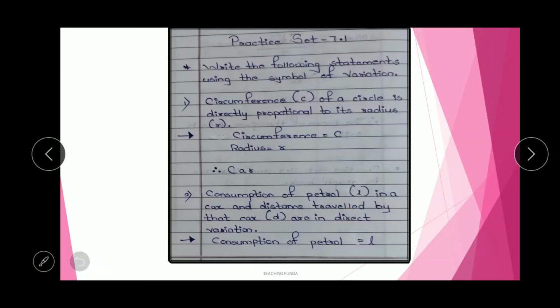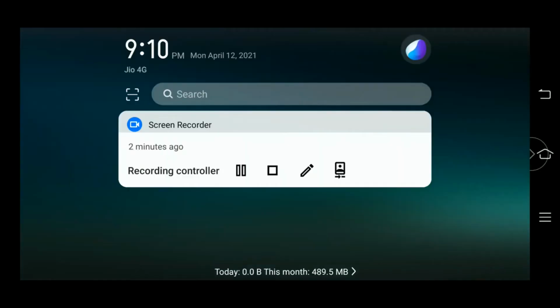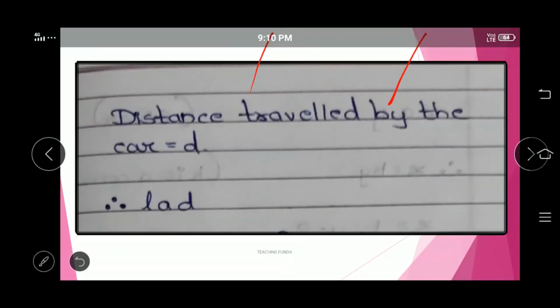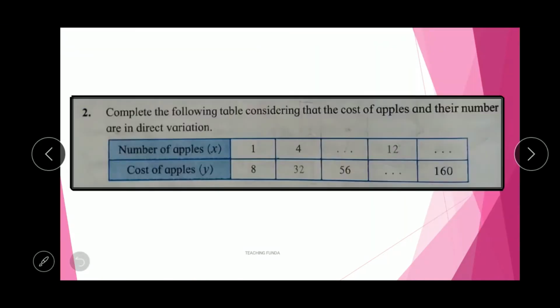So consumption of petrol is L and distance traveled is D. In which way will you write it? L is directly proportional to D. Okay, next.